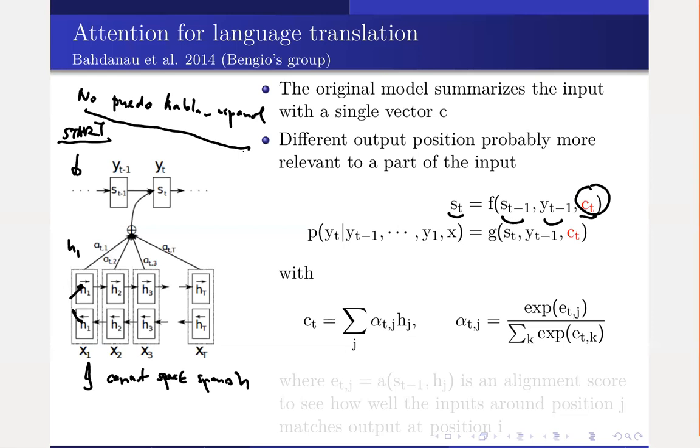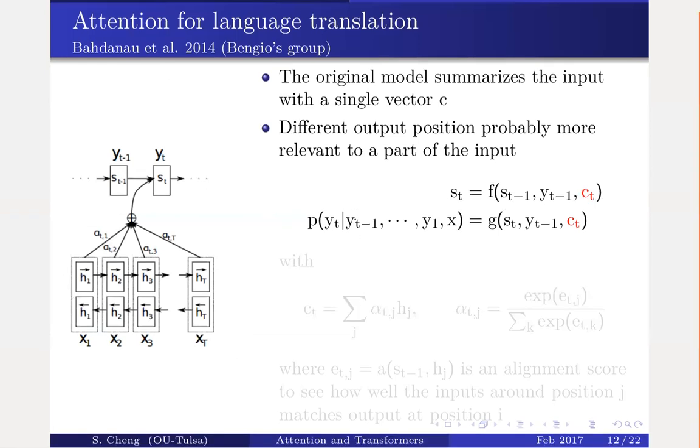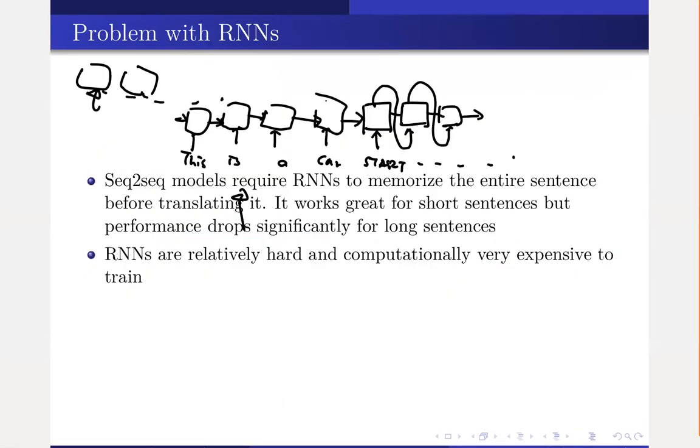But note that the focus here is, if I'm going to do this translation, I have this input here. In the conventional RNN sequence-to-sequence model, I only have one representation, if you remember, to abstract the entire input sentence.